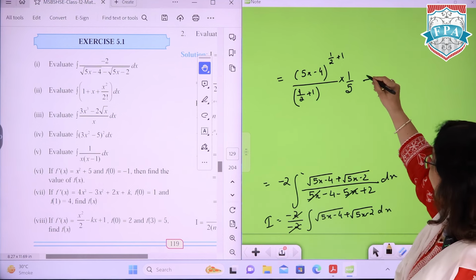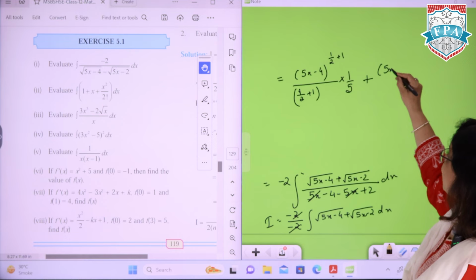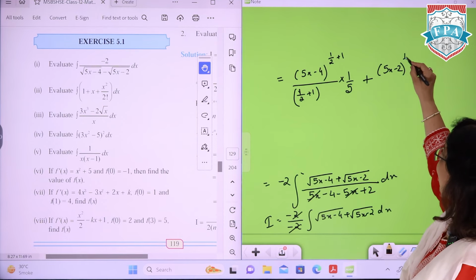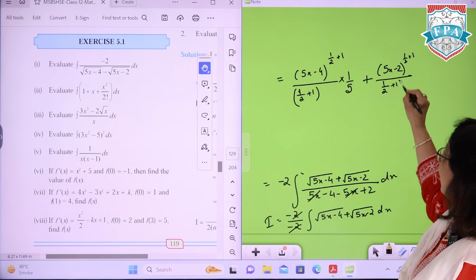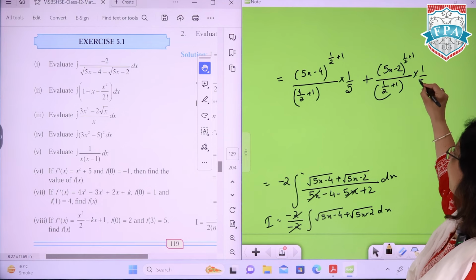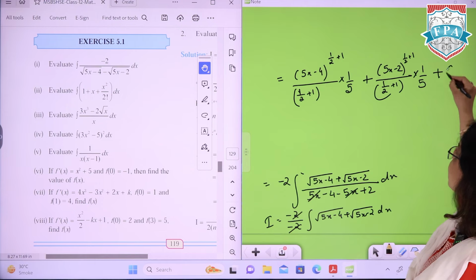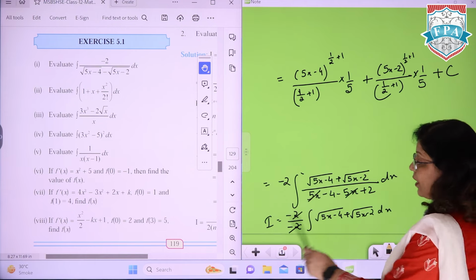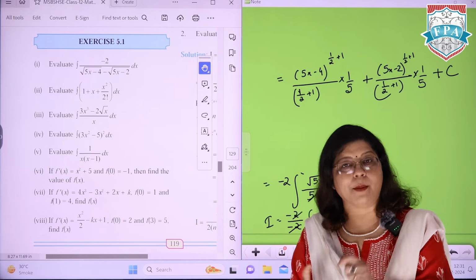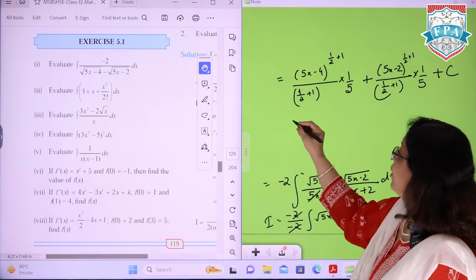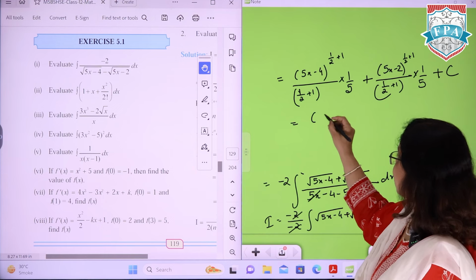Same in the second one, plus 5x minus 2 to the power of half plus 1 upon half plus 1, and then again 1 by 5 plus c. As soon as we apply the integration formula, plus c should come into the picture. So now this is your final answer.